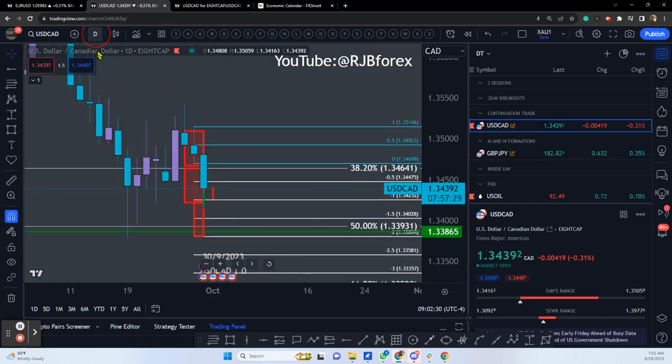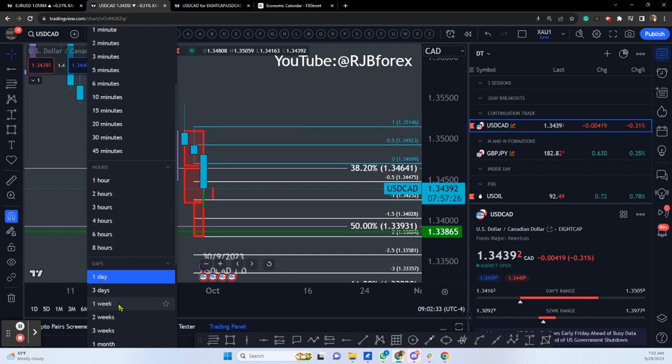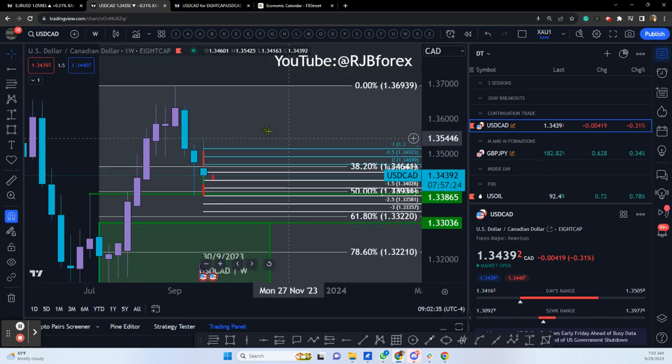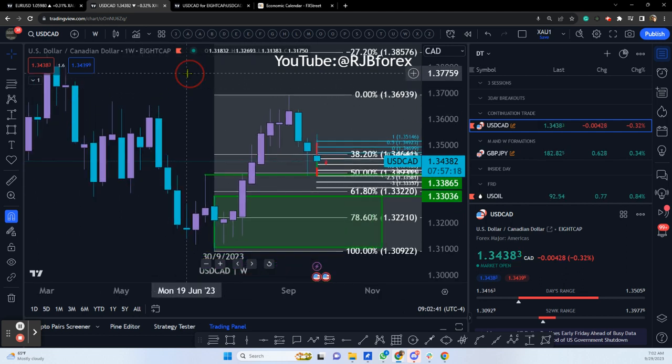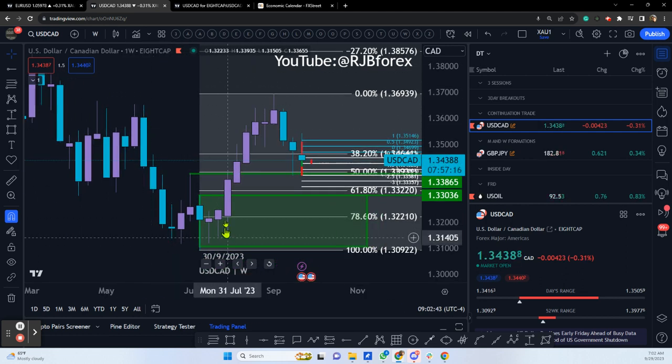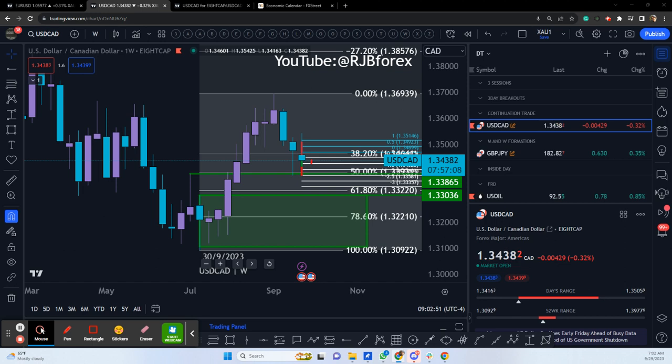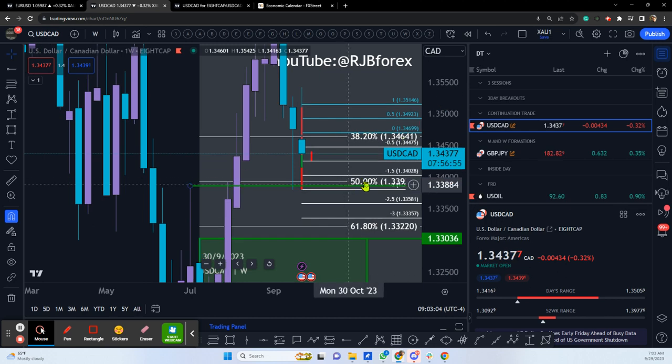Let's take this back to the weekly chart. So the weekly chart here, we've got a W formation. Very nice. And we've got a pullback towards the 50% mean reversion that lines up with this wick.